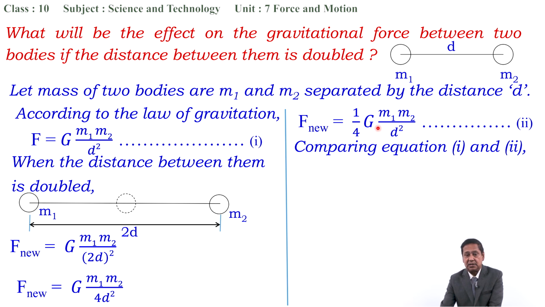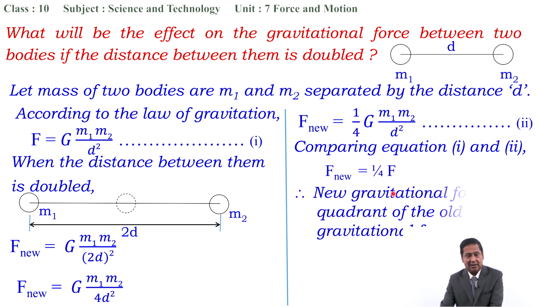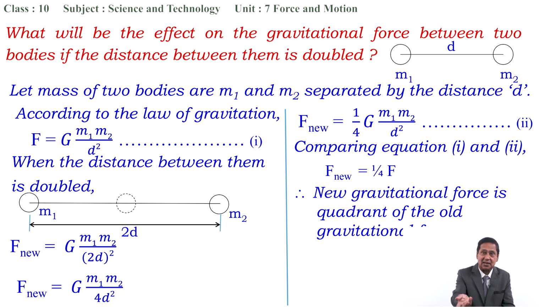This new gravitational force is just 1/4, 4 times less than the previous gravitational force. Look at this, F new is equal to 1 by 4 F, and we can conclude that the new gravitational force is one quarter of the old gravitational force. When distance is doubled, the gravitational force reduces by 4 times.